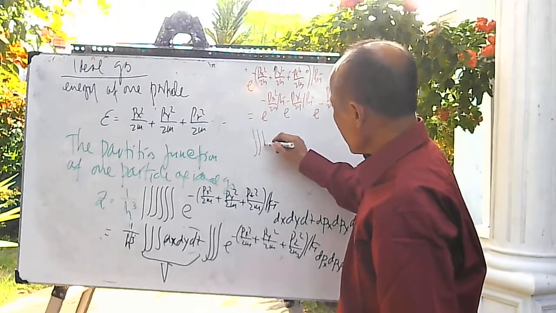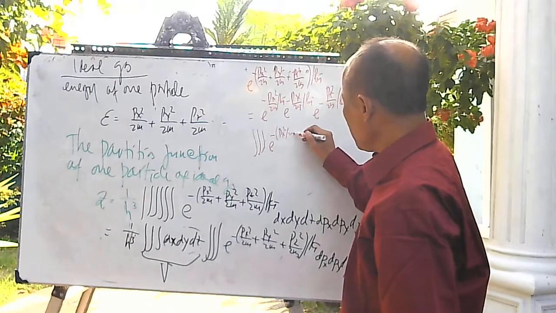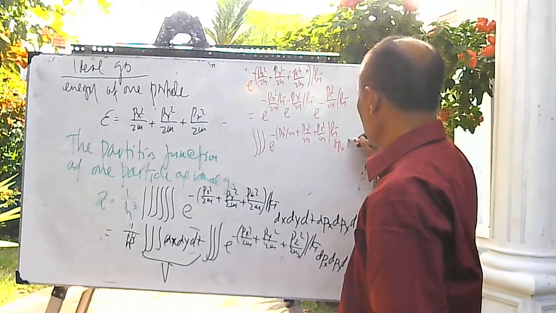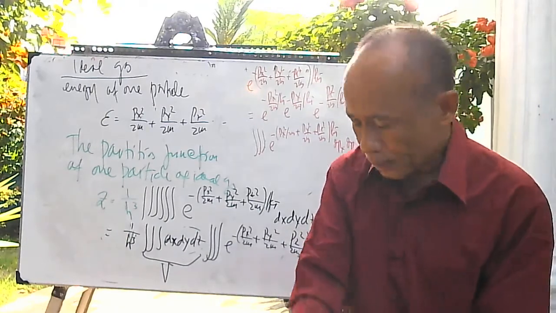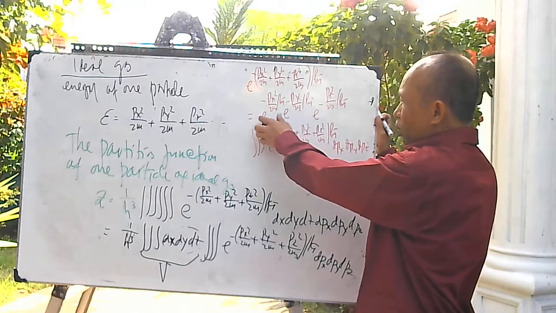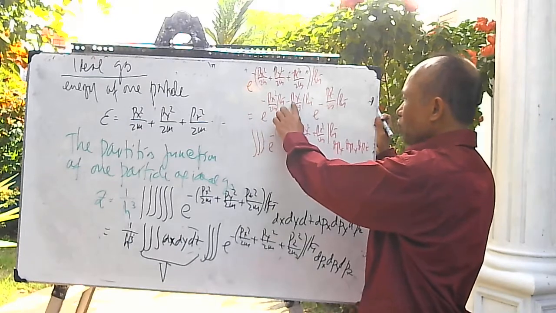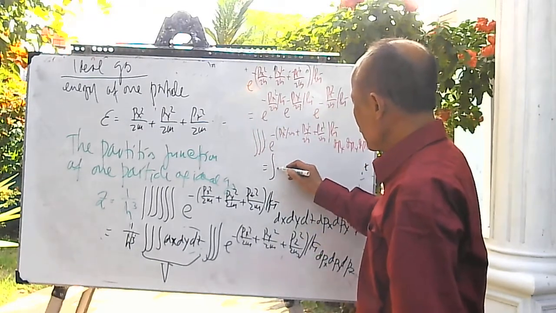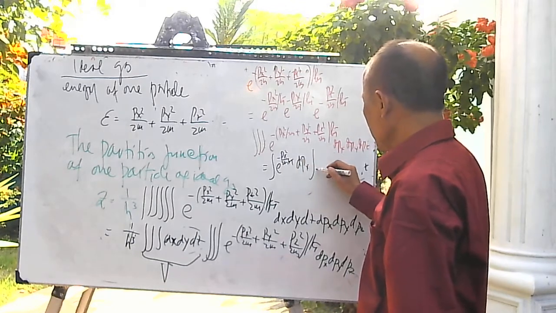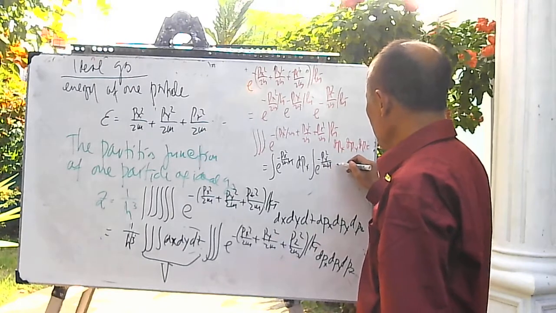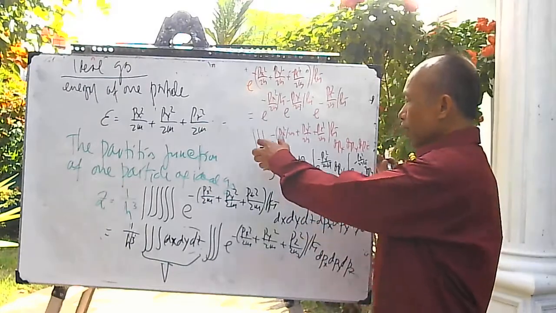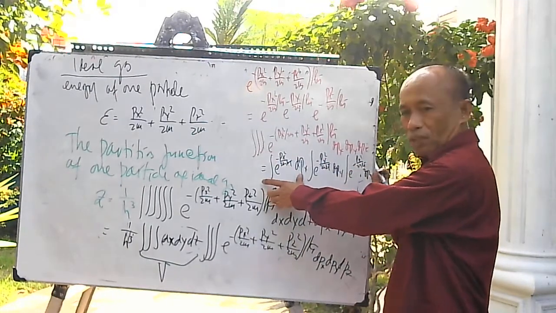Because each exponent has different variables, only px, only py, only pz, this integral can be separated into three separate integrals, over dpx, dpy and dpz.